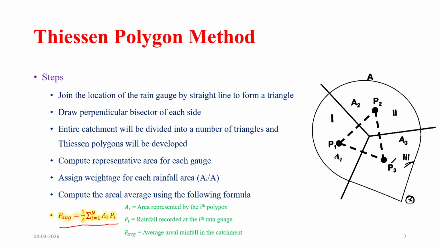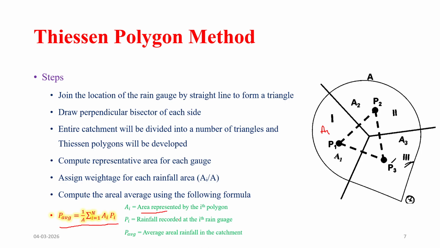P average is equal to 1 by A, where A is the area of the catchment, then summation Ai Pi, where i starts from 1 to n, and Ai is the area represented by the ith polygon. As stated here, suppose this is A1, A2, and A3. A1 represents the area of the first polygon, A2 represents the area of the second polygon, and similarly A3 represents the area of the third polygon.